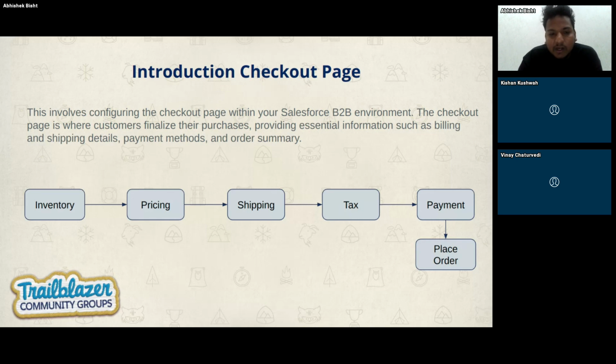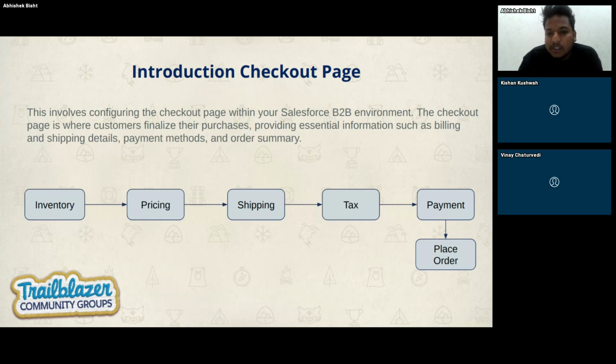After the inventory, there is pricing calculation. In this, we are also showing the validation with respect to the price. It is very similar to the inventory. We are storing the pricing in the external system, and then we are validating and storing the error message and the validate message. Then the shipping method.